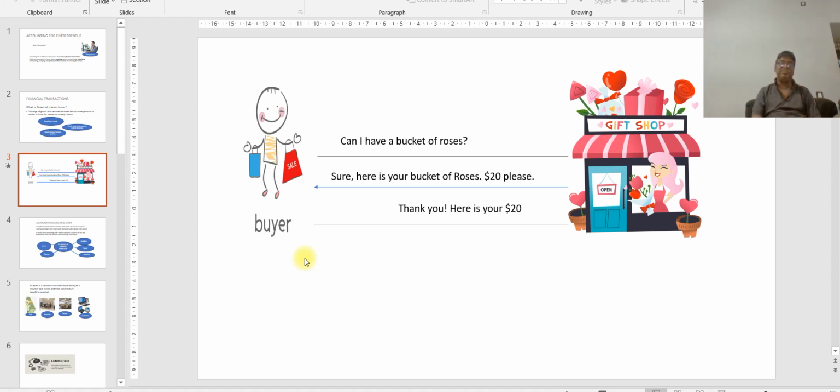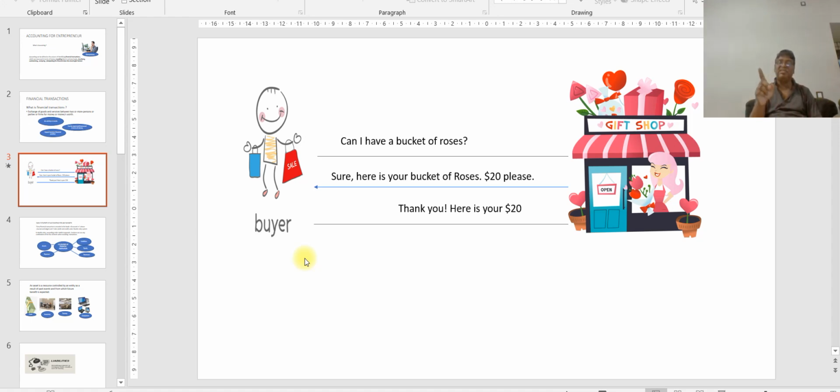In this case, Mr. Ram, the buyer, enters the gift shop of Messrs. Shyam, the shopkeeper.